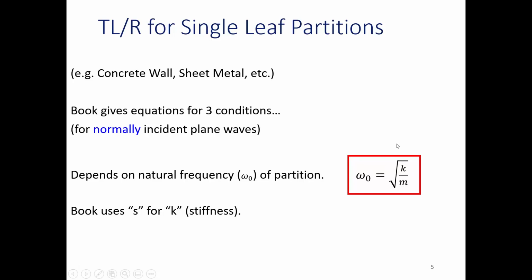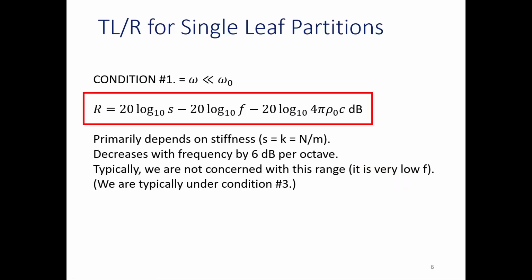This is another difference between how we usually do things and how things would be done in Britain, but we usually have it like this. The book uses S instead of K for the stiffness. Same thing though. So the first condition is for frequencies that are significantly less than the natural frequency.